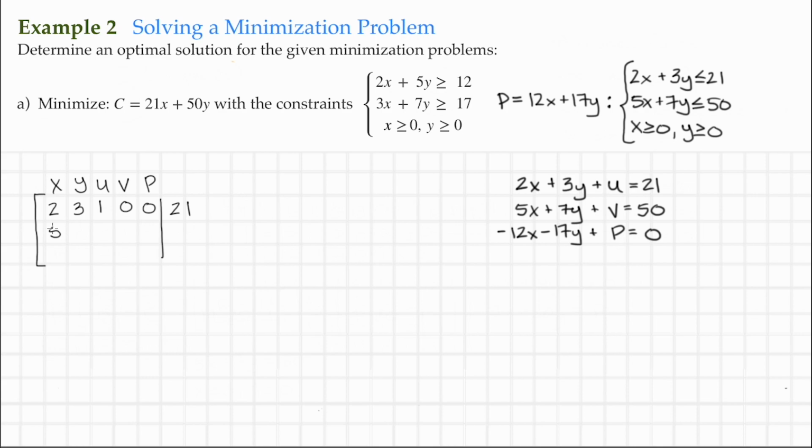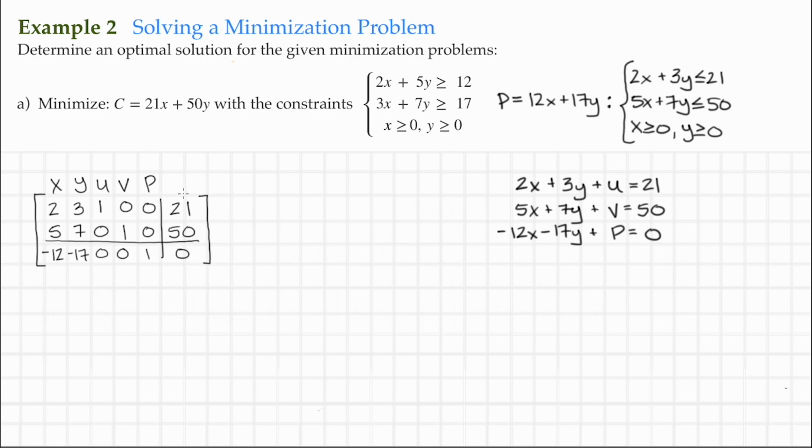Then 5, 7, 0, and then 1 for the v slack variable, then 50. And then, of course, negative 12, negative 17, 0, 0, 1, 0, and then we'll close off our matrix here, and we'll put in our horizontal line.